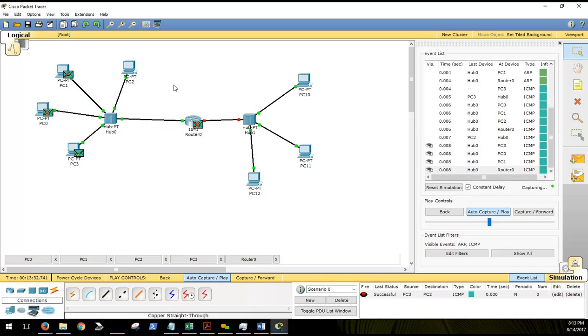Basically, it broadcasts it out to everyone that it's connected to.